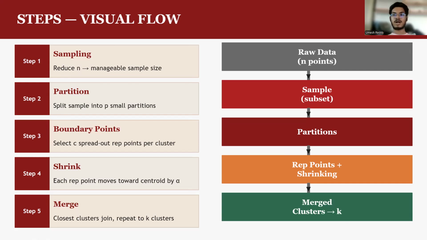After that, we merge all the clusters. First we take the raw data, which is the n points, and take a sample subset. After that, we partition the samples, and based upon the shrinking formula and representative points, we calculate those values. After that, we merge the clusters.